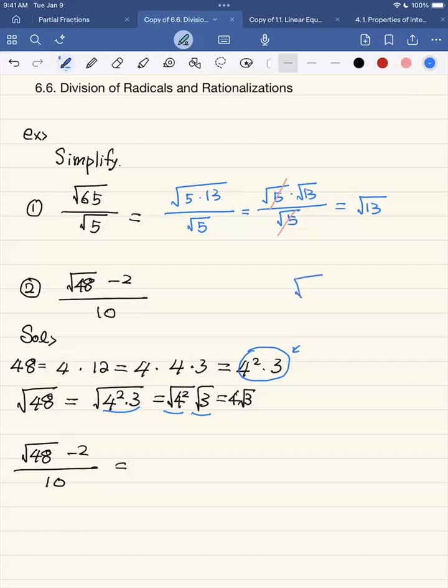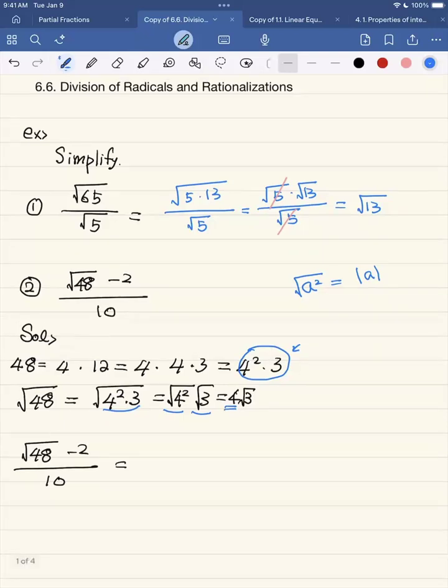I said square root of a squared is absolute value of a, so absolute value of 4 is 4. So we write 4 square root of 3.